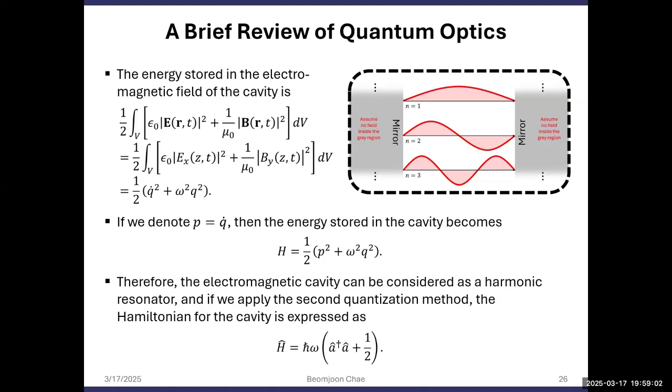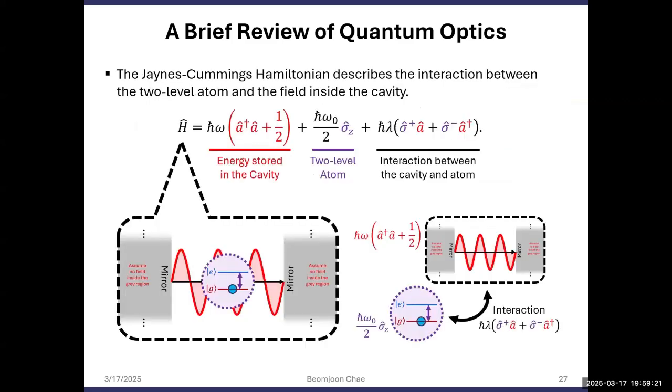Using the second quantization method, we can describe the Hamiltonian in this way, but here the annihilation and creation operators are applied to the state of the cavity instead of the original quantum mechanical oscillator.